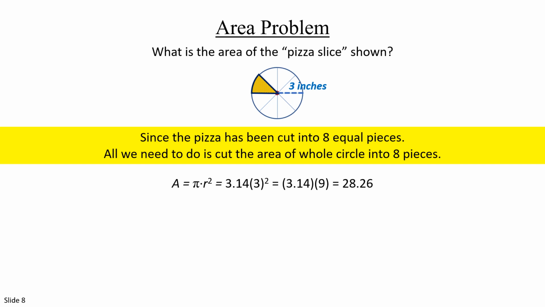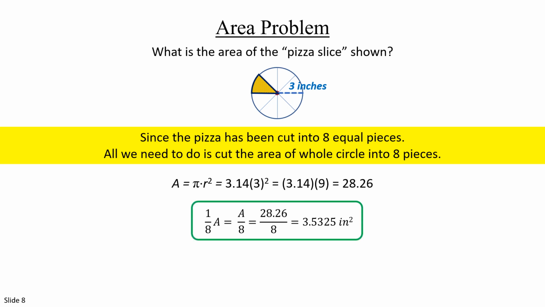So we just take the area, pi r squared, of the whole pizza, get the formula, plug in the numbers, crank out the arithmetic, and then we just divide by 8 because we're only looking at 1/8 of the overall piece. And there it is, 3.5325. And you would round according to the instructions, whatever the instructions say to round to.